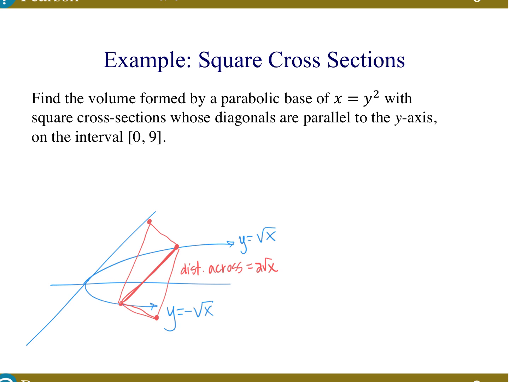All right. So we know the distance across is 2 rad x. But our geometry for a square says we don't need the diagonal. What do we need? We need base and height. So how are we going to get the base and the height if all we have is the diagonal?